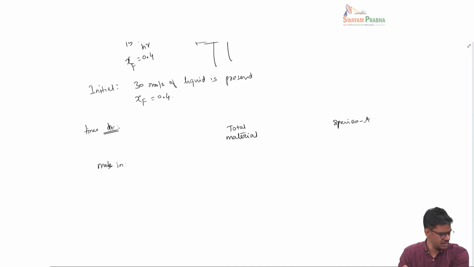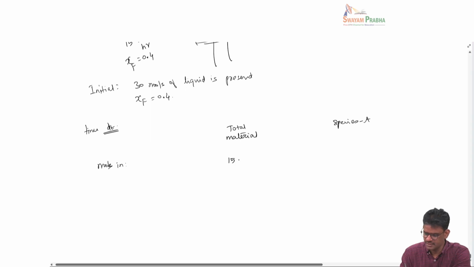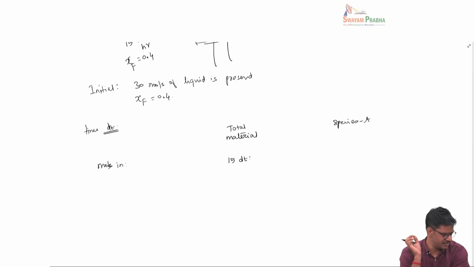So that would be 15 dt. Okay, 15 moles per hour of charge is fed to the distillation column. So here 15 times dt would be the total moles over that period of time delta t.